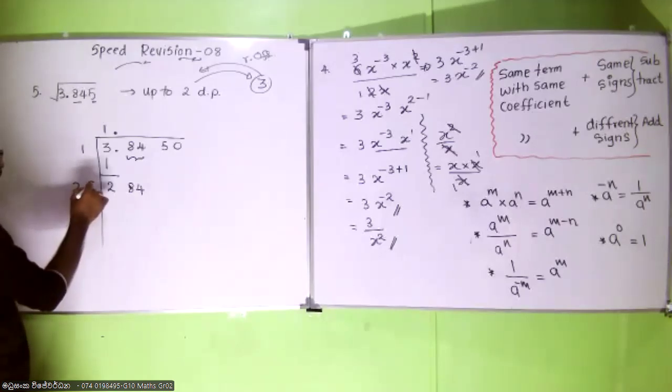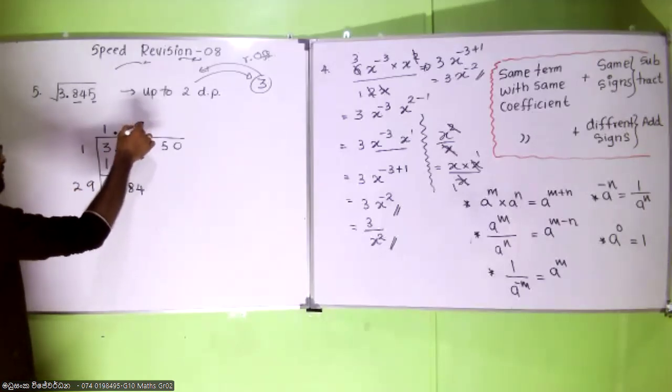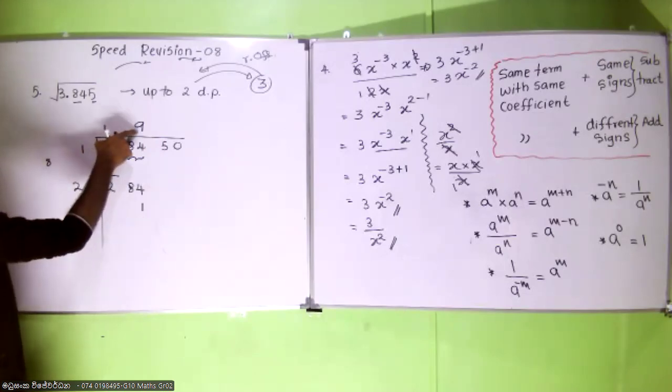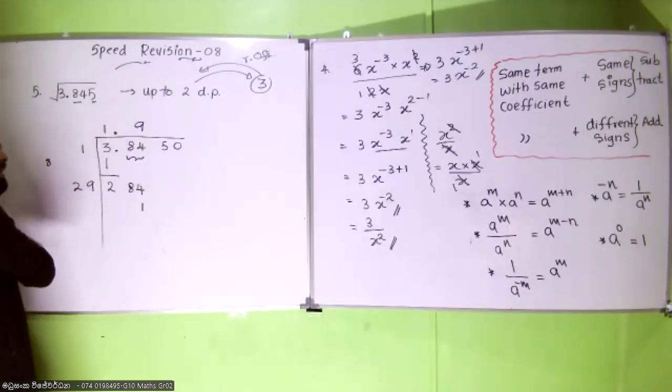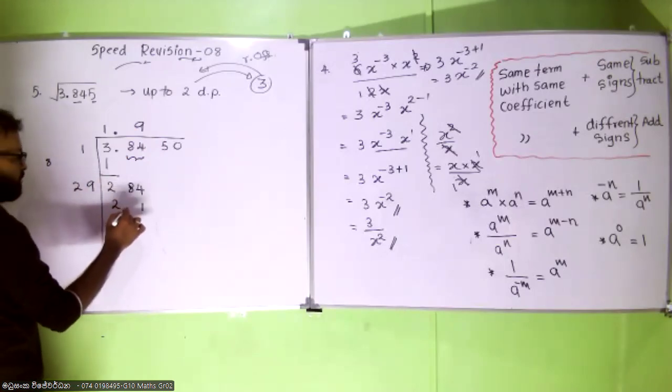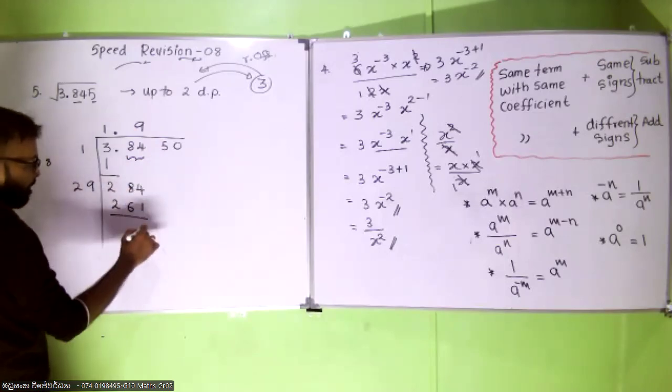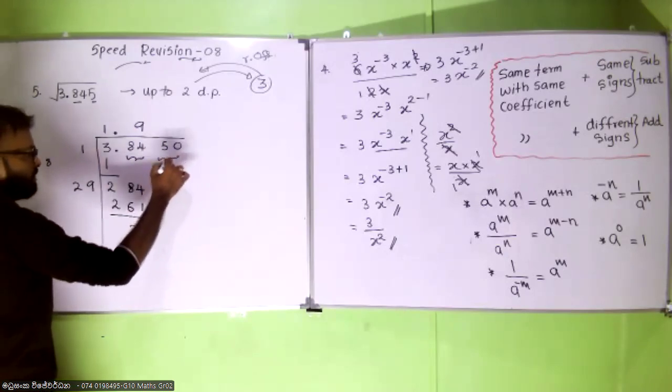What is the number? 9, right? So 9 times 9, 81. The remainder is 8. 9 times 2, 18. 18 plus 8, 26, right? Get the subtraction. Okay. So take this 50 down.